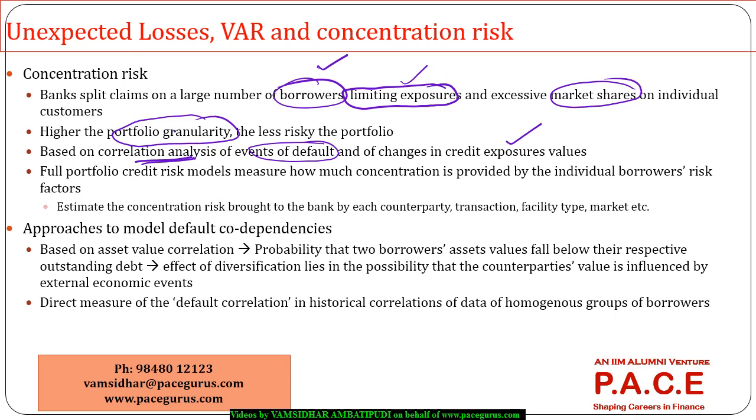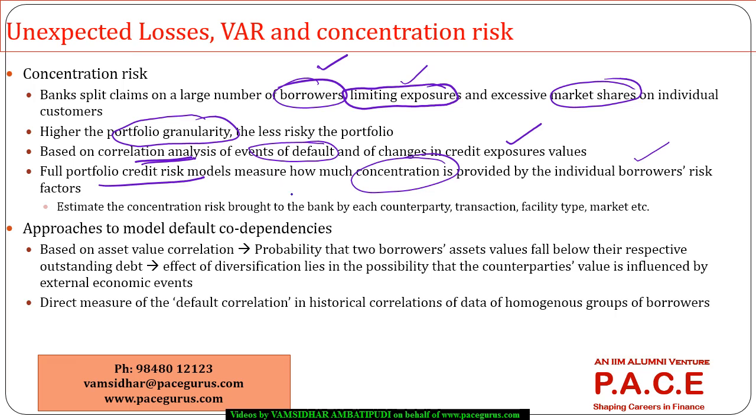And if I have to take all these things into consideration, I have to build full portfolio credit risk models. They measure how much concentration is provided by the individual borrowers, to what extent the individual borrowers are contributing to the overall risk of the portfolio.